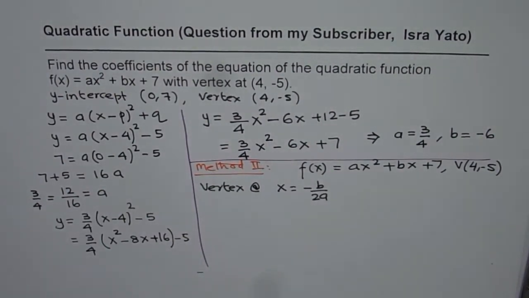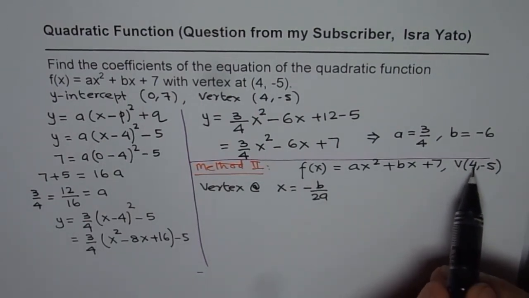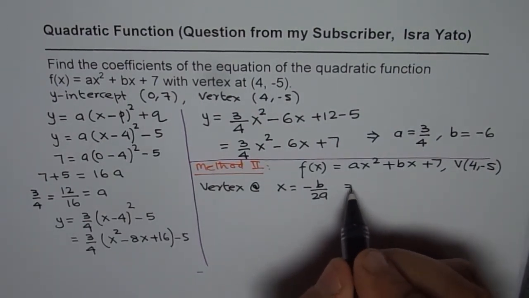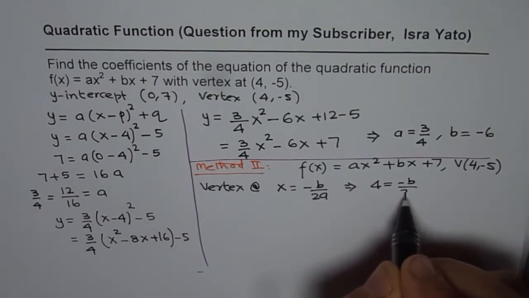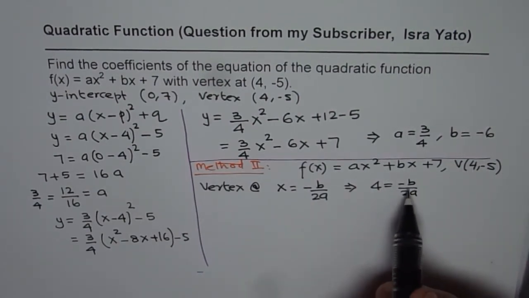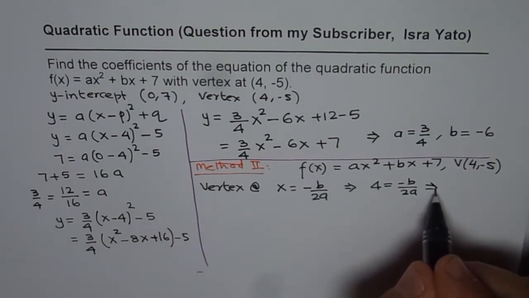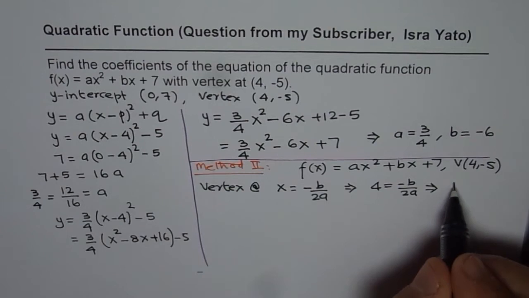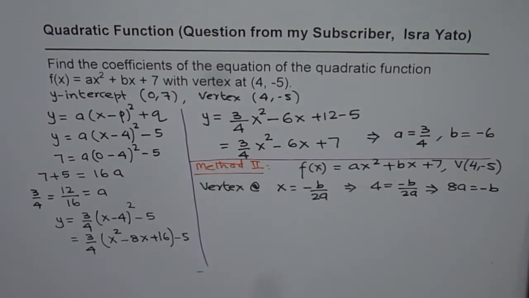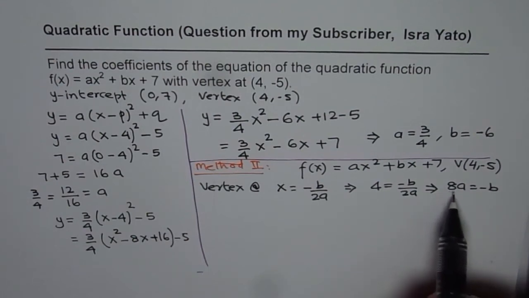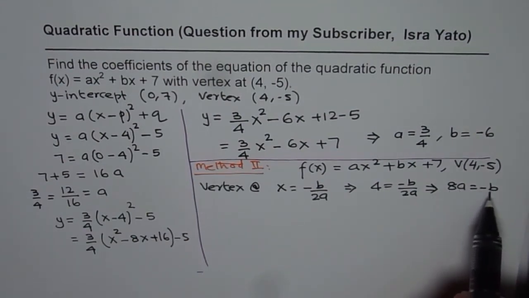That is the position of the vertex, and we know x is 4. Therefore, 4 equals minus b by 2a. From here we get 8a equals minus b. So we get a relation between a and b.